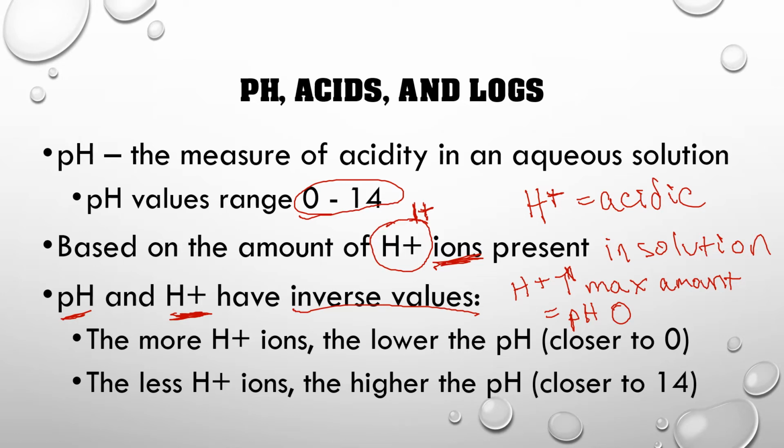When hydrogen ions have the minimum amount, that is going to be closer to pH 14. I know it sounds weird. When hydrogen ions are the least, the pH is at its max at 14. When hydrogen ions are at their most, the pH is at its minimum at 0. It sounds like they're backwards from each other. They are, but you'll understand in a minute. I'll explain why that is.